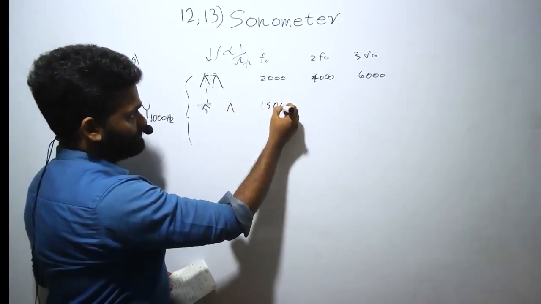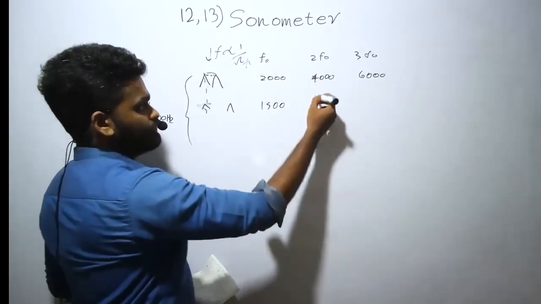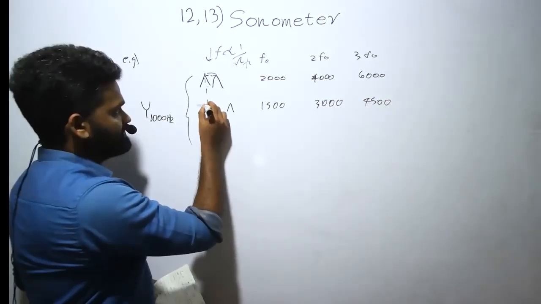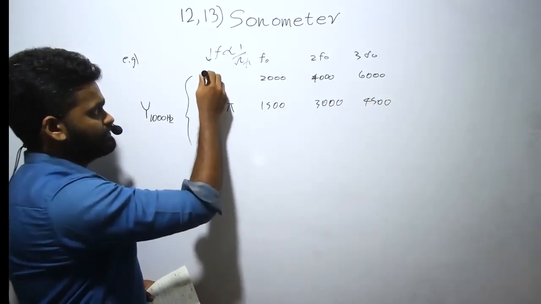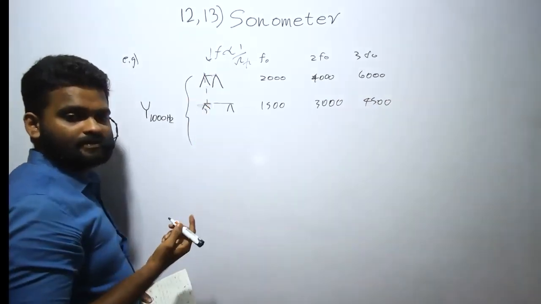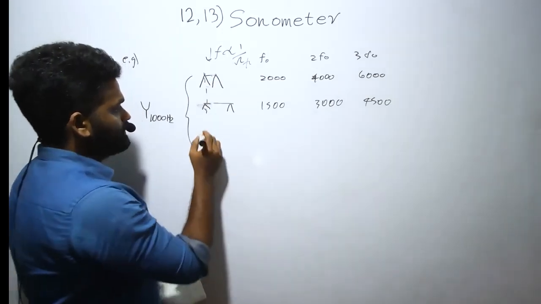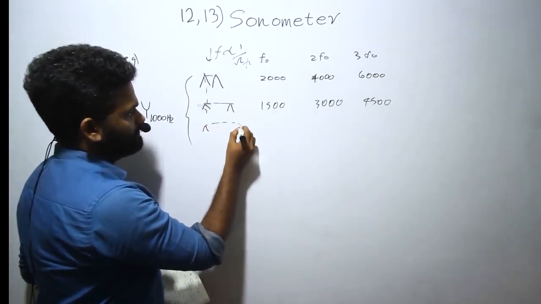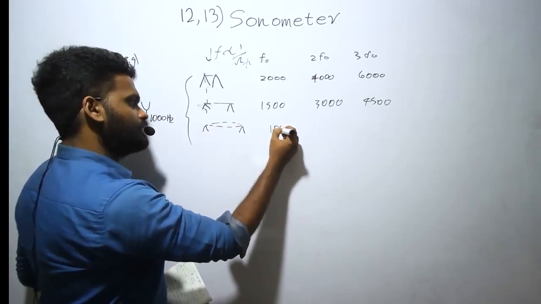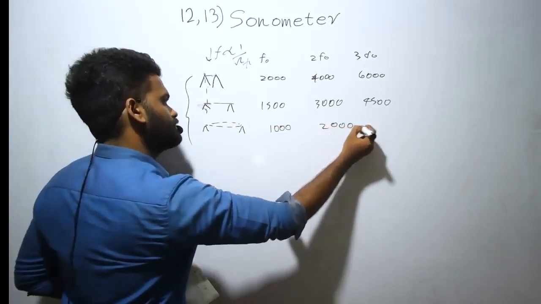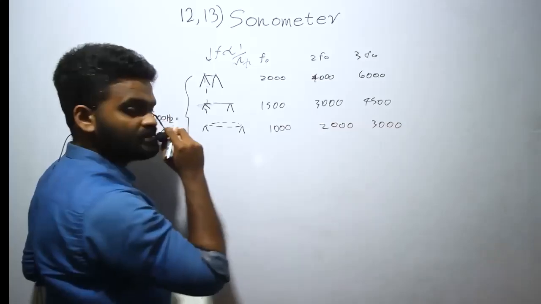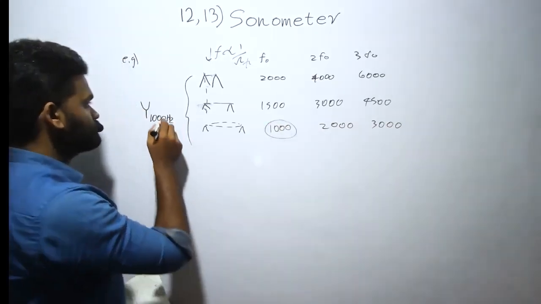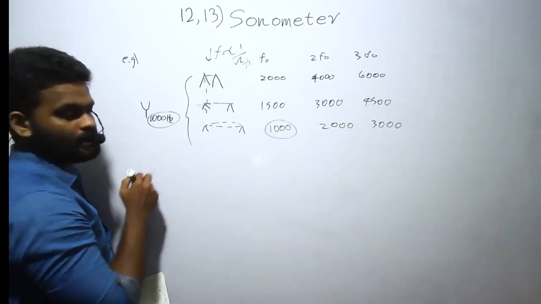Then let's say it comes to 1500. Then 2F should be 3000, then this should be 4500. Still we didn't get the resonance. Then we further increase that. Let's say now you got 1000, 2000, 3000. Now it matches with this 1000. Then resonate.